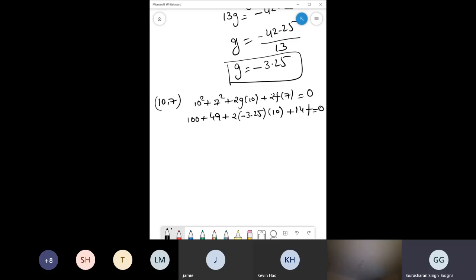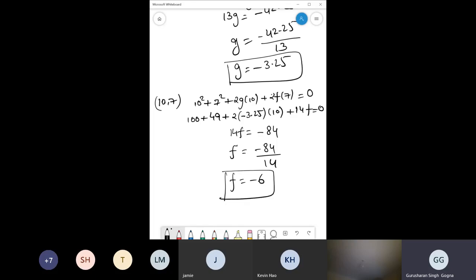So I'm just using the calculator here to get the answer. 100 plus 49, 149 minus 2 times 3.25 times 10. So this is 84. So 14F is equal to minus 84. F equals minus 84 over 14. Six. So F is minus 6.